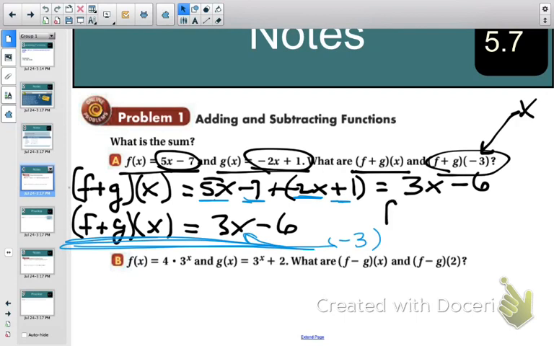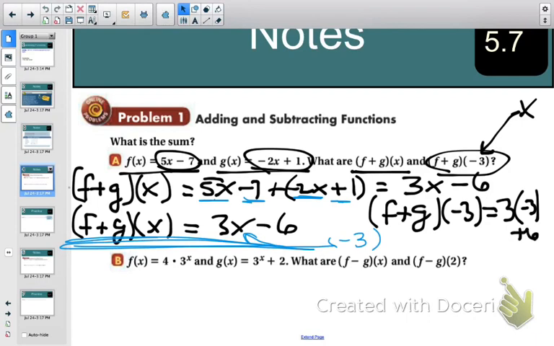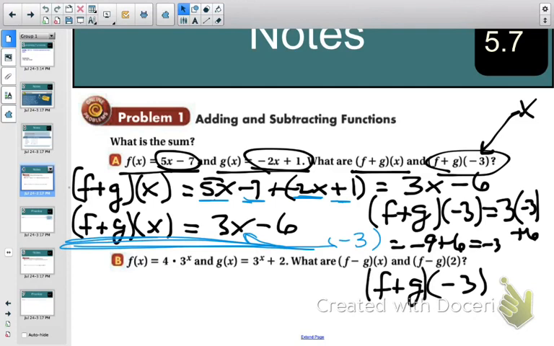So we say f plus g of negative 3 equals 3x, and instead of x I'm putting in negative 3, minus 6. 3 times negative 3 is negative 9, plus 6 gives us negative 3. So we say f plus g of negative 3 equals negative 3.